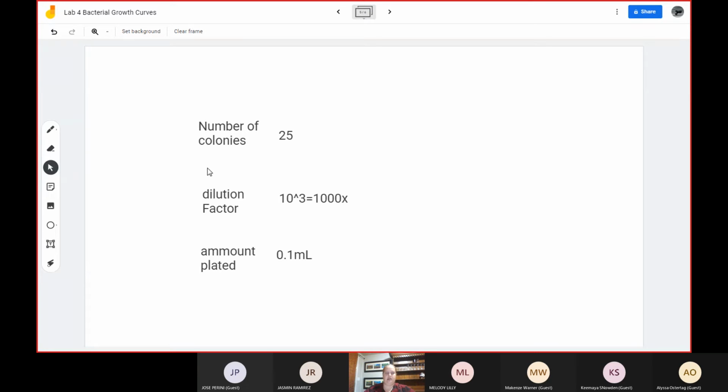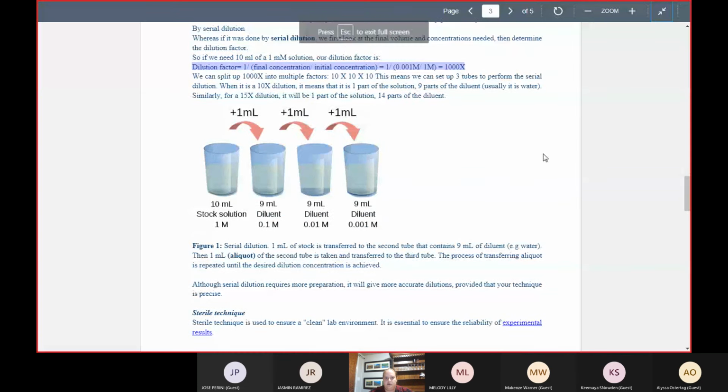So how does this work in actually calculating your CFU? So how do we calculate our CFU per milliliter of a serial dilution? So we saw that our CFU per milliliter at 10 to the 0, or essentially without a dilution, would just be 25 divided by 0.1. With a dilution factor, it would be, let me go out to our page here where it shows it.